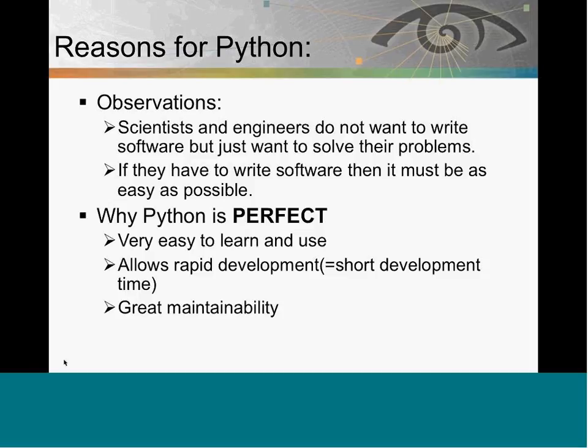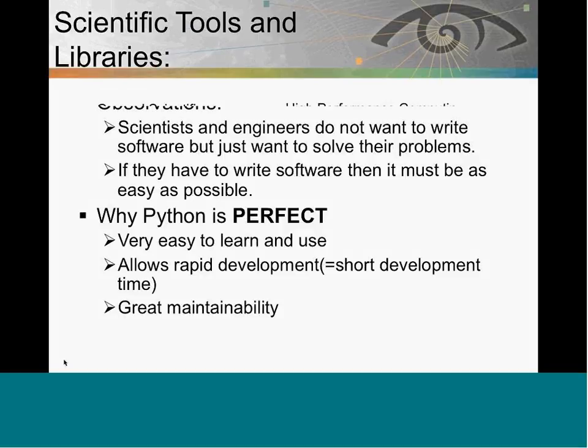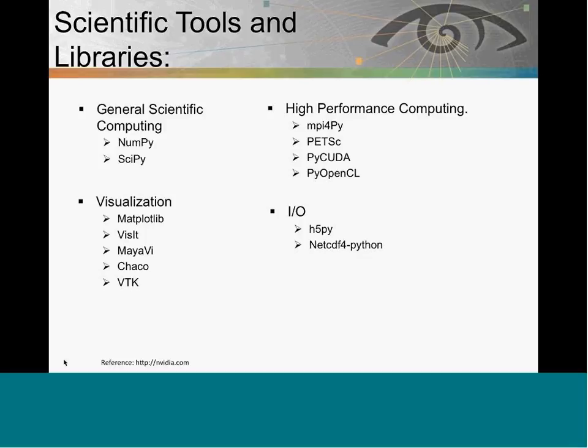And Python is perfect: easy to learn, easy to use. There are so many packages already available, so built-in functionalities are there. So it's efficient to implement your algorithms in Python. And great maintenance. It's really good syntax, so it's easy to read the program, and easy to manage the program in Python.